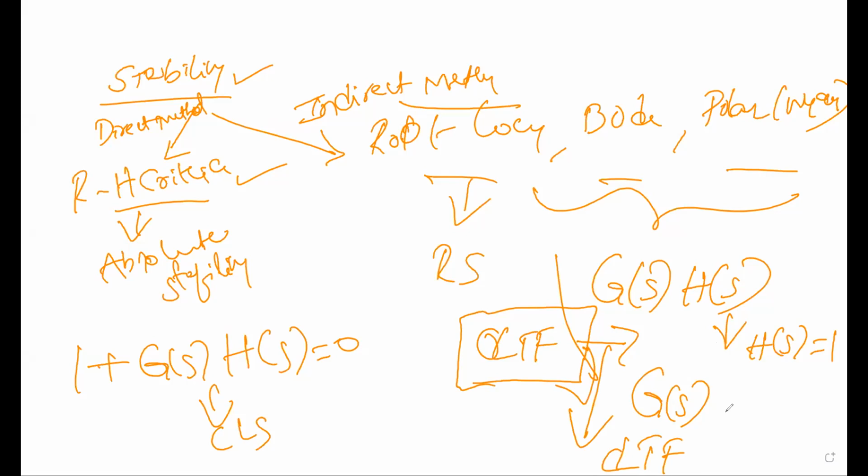On the surface we work with open loop poles and zeros, but internally the work is done for the closed loop system. So for these plots we consider the open loop transfer function, while in the RH criteria we considered the closed loop transfer function and the characteristic equation.